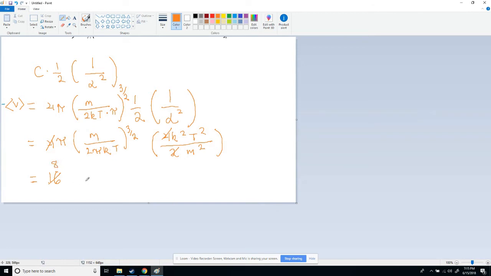And okay, so then we have 8 pi k squared t squared over m squared times m over 2 pi kt to the 3/2.